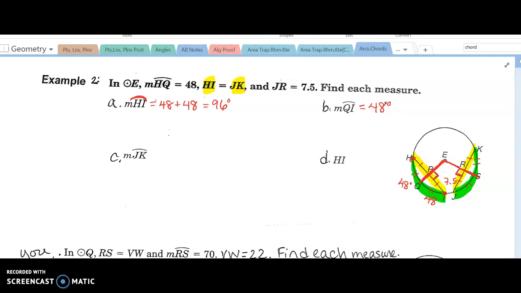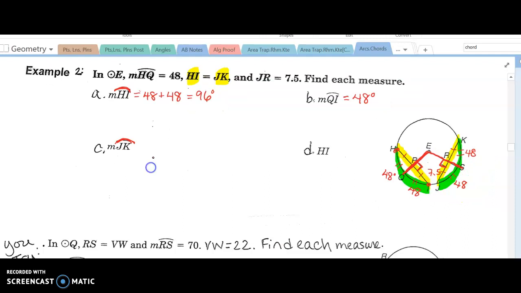From J to K, so pay attention. Again, we're looking at the arc, not the segment. We know that these green pieces are the same as these green pieces over here. So this is also 96 degrees. And then HI, okay, this one doesn't have a bar on top of it.